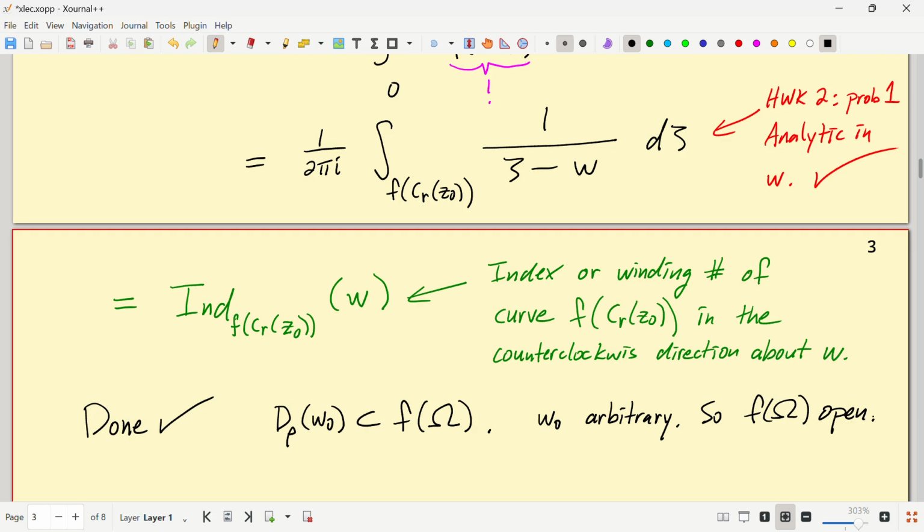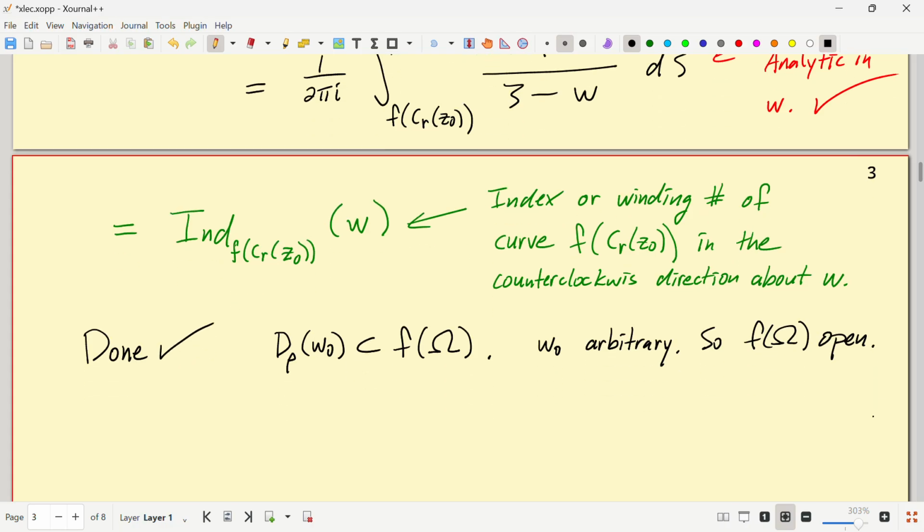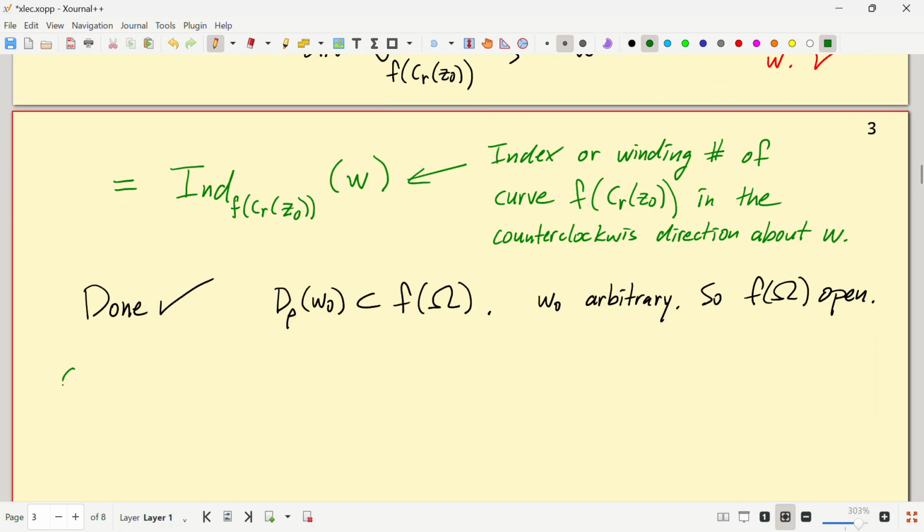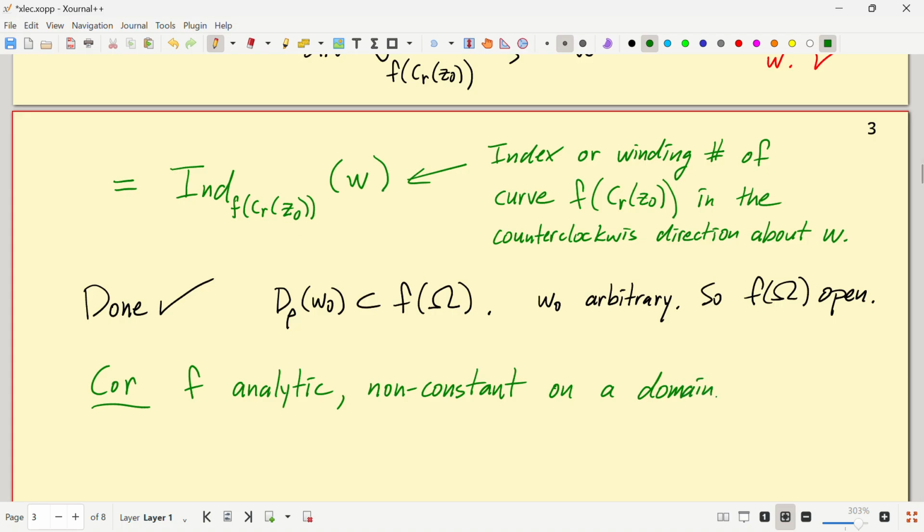I guess the simplest corollary is that, suppose f is analytic and not constant on a domain omega. Let's make it a domain omega 1.